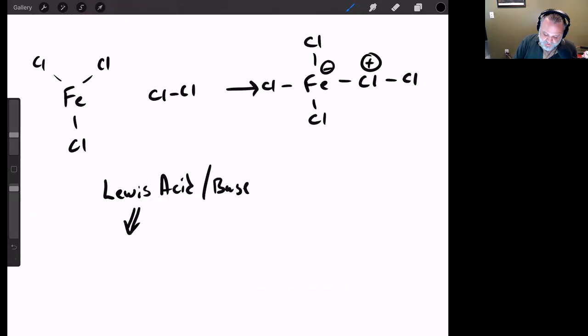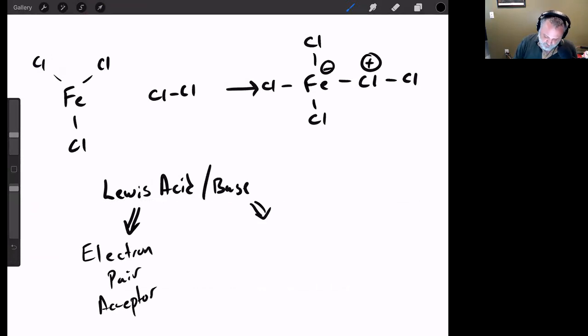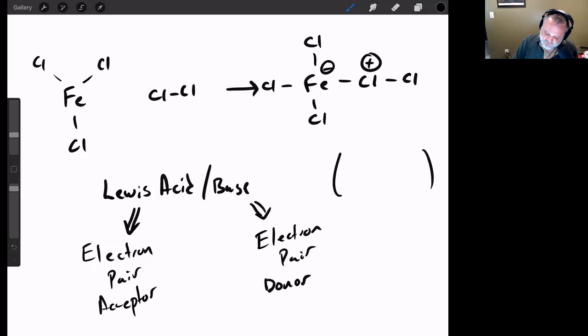A Lewis acid is an electron pair acceptor and the Lewis base is an electron pair donor. And in all of these Lewis acid-base reactions, we have bonds formed.